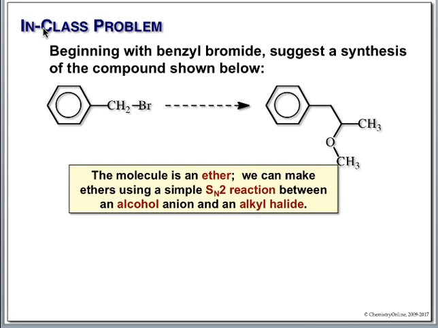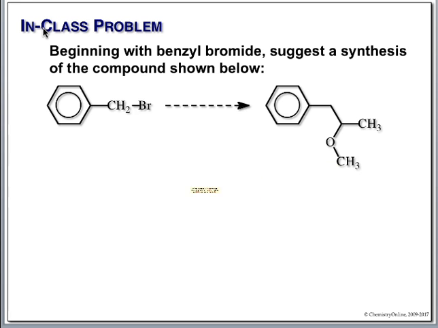Then you look at it and say, okay, which alcohol would I need? And which alkyl halide? This is a grounded carbon. This isn't. Probably you want this end to be your alkyl halide. So you could do this by simply splitting this off and adding this as, say, bromomethane or iodomethane.